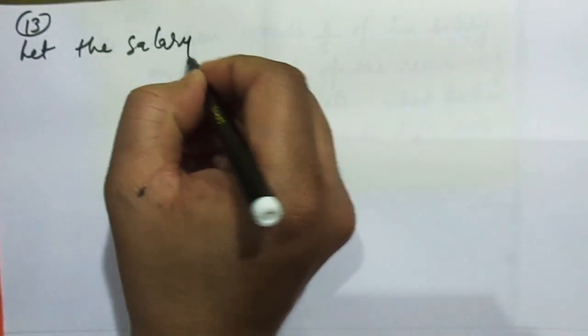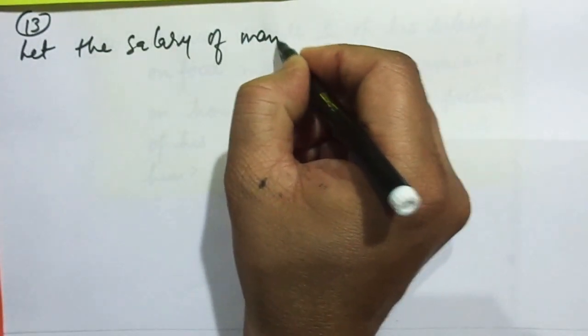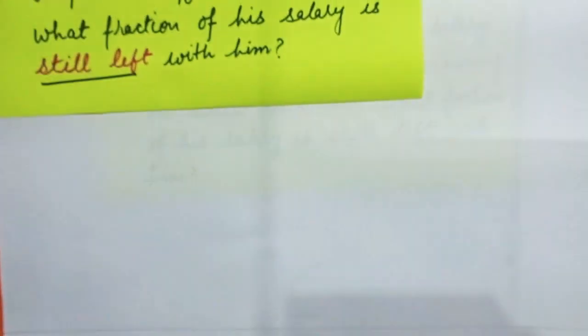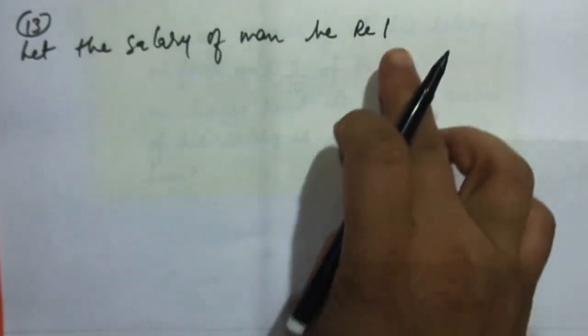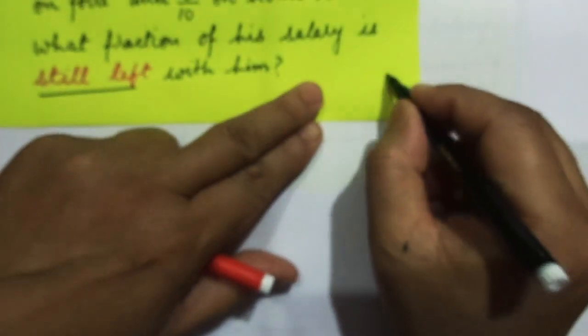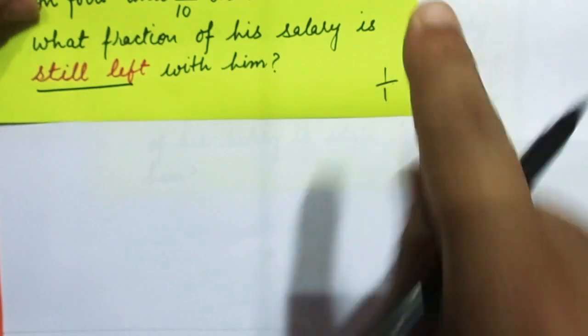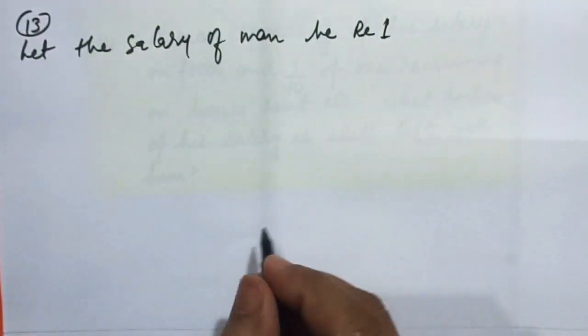Let the salary of man be rupee 1. I have taken, let the salary of man be rupee 1. Why? Because I am also playing with fraction only. This 1 actually means 1 by 1, means out of total he has got total. So let the salary of man be rupee 1.